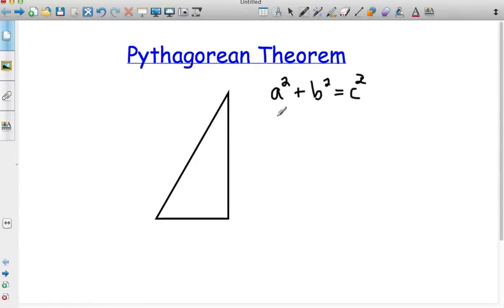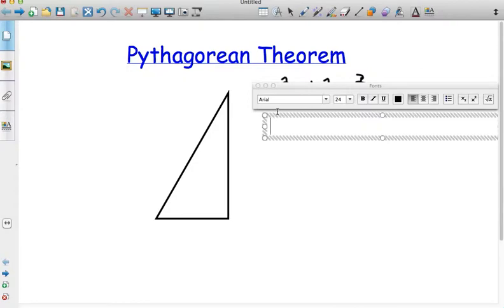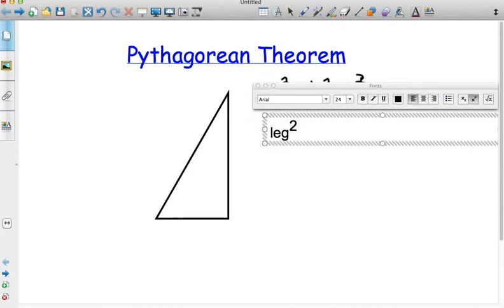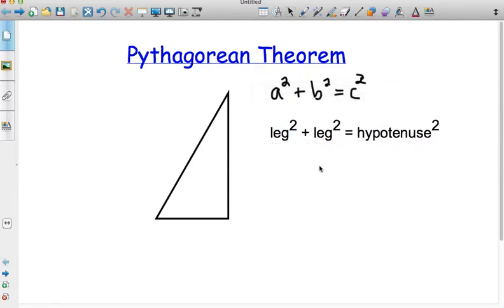The other name for it, and I think it might be quicker if I just type it up, is if I do the leg and I square it, and then I do the second leg and I square that, you should equal, will equal the hypotenuse squared. Both of these equations are in fact the same equation, it's just a different way to write it.